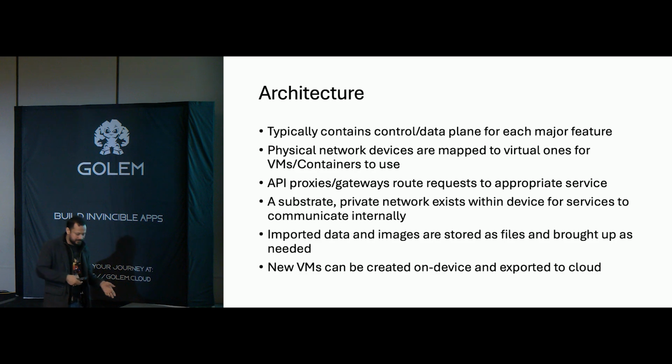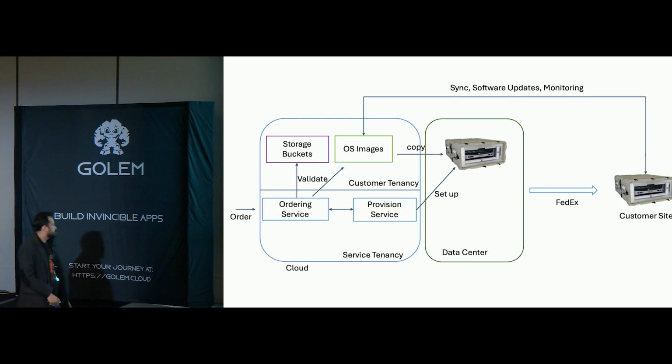And that will be taken as a file and shipped to this device. And we'll talk about that architecture a little bit later. Yeah, we talked about the new VMs coming in and out. So this is, I guess, how it's built, how we do this in general.